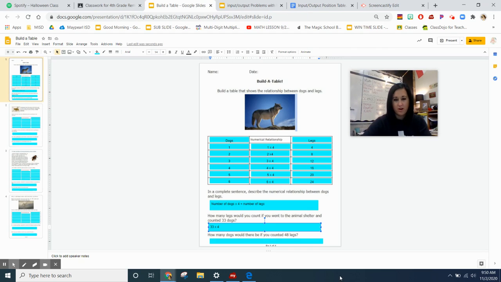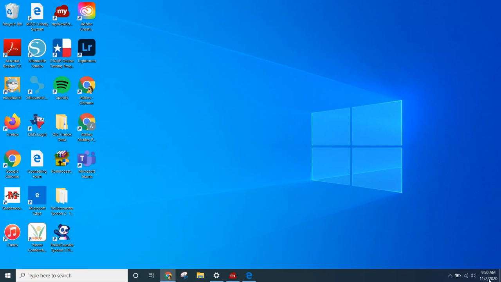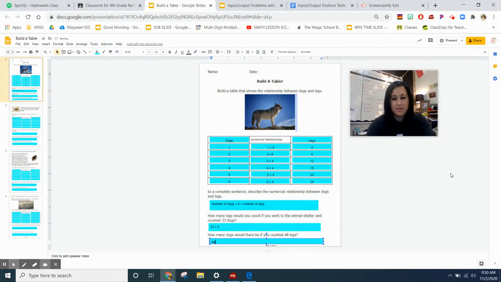So finish that work. Then how many dogs would you have if you had 48 legs? In this case, we're having 48 legs, so we're working backwards. So if I worked backwards, I'd be doing 48 divided by 4 to get an answer. Again, do that work on your own.